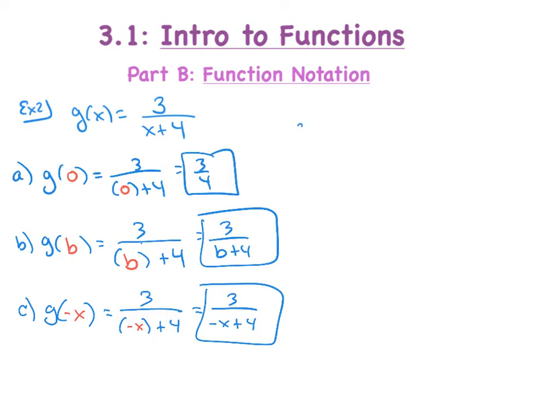Okay, let's do part D, g of 5x. So 3 over parentheses plus 4 is going to be 3 over 5x plus 4.